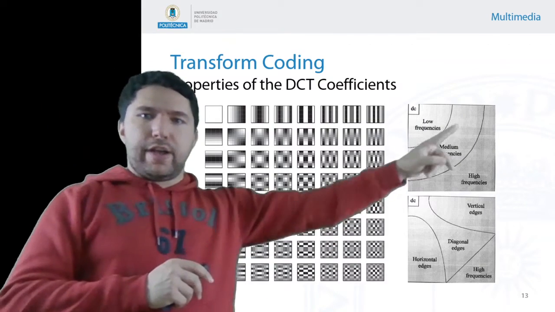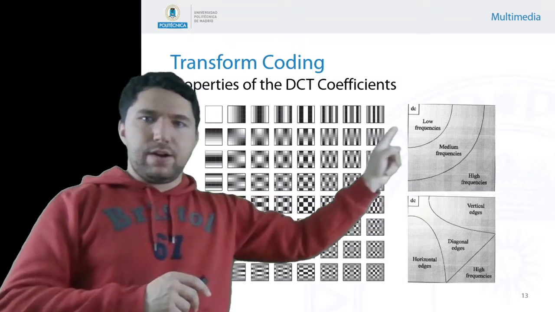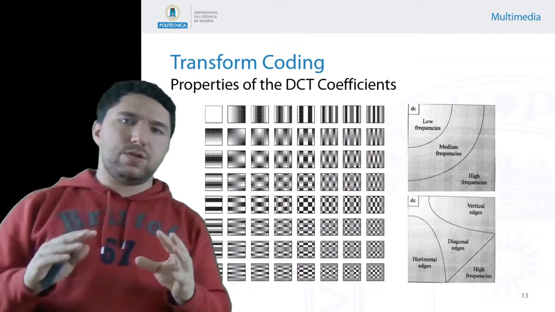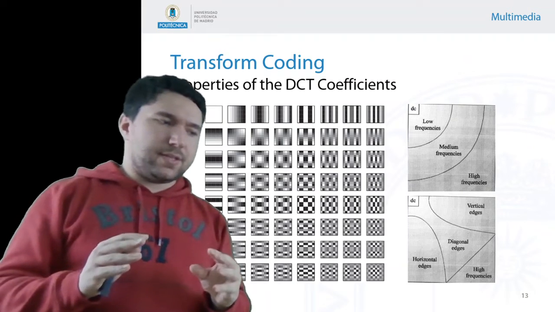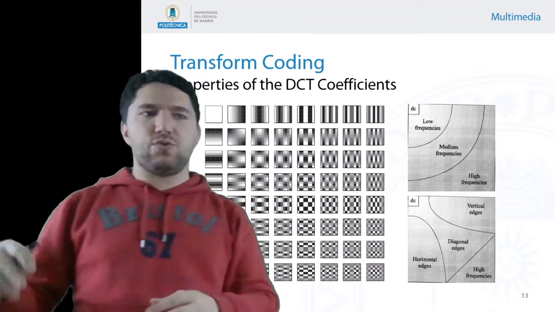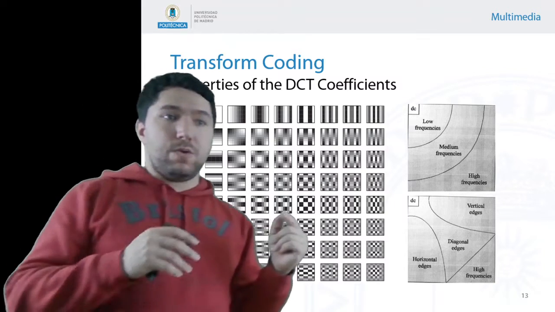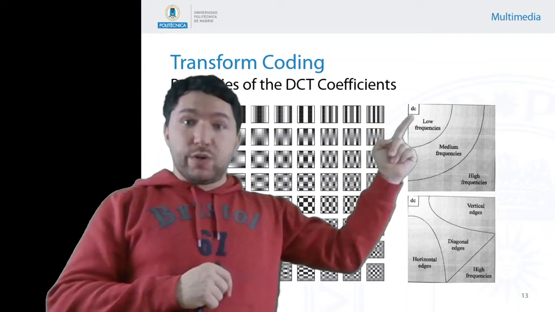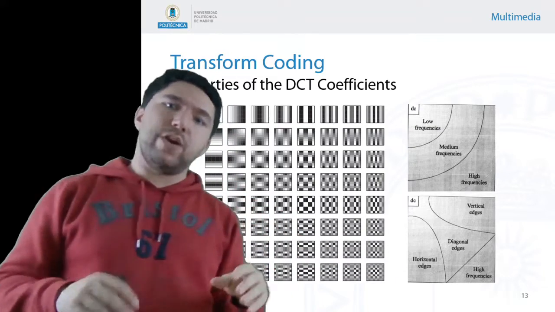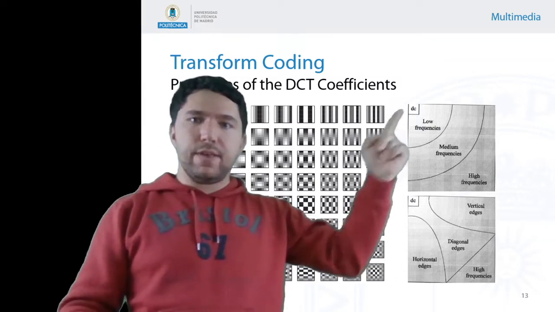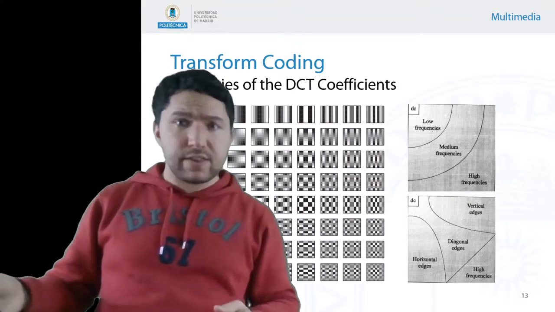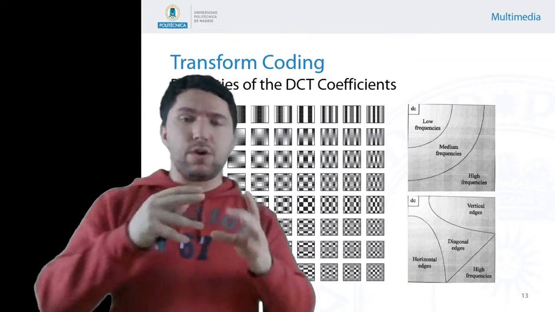Here again we have the DC, and as I said, the spatial domain is transformed into the frequency domain. So this is the lowest frequency because it's actually the mean of the block. If we reconstruct the block only with this, we will not have frequencies, in the sense of edges in the block.